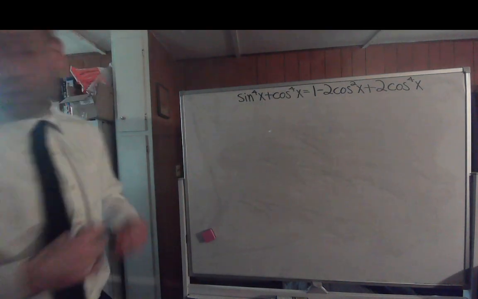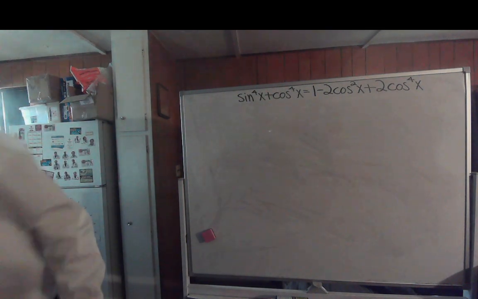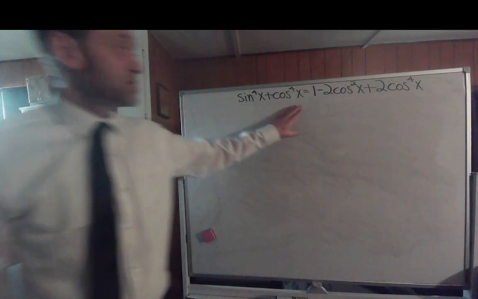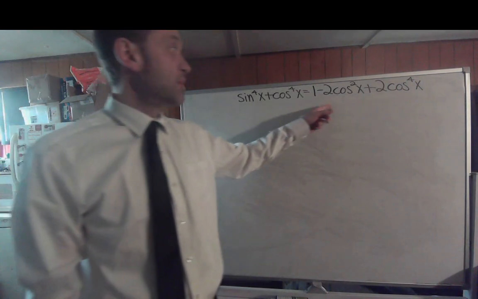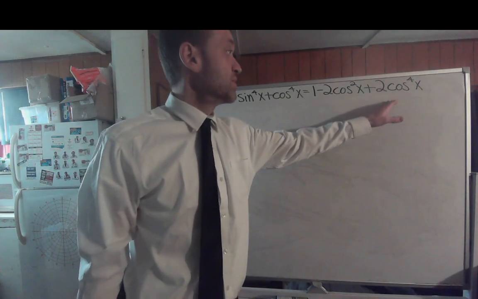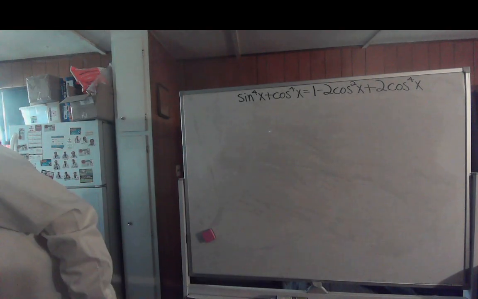Alright, so we have to verify then that the sine to the fourth of x plus cosine to the fourth of x equals 1 minus 2 cosine squared of x plus 2 cosine to the fourth of x.